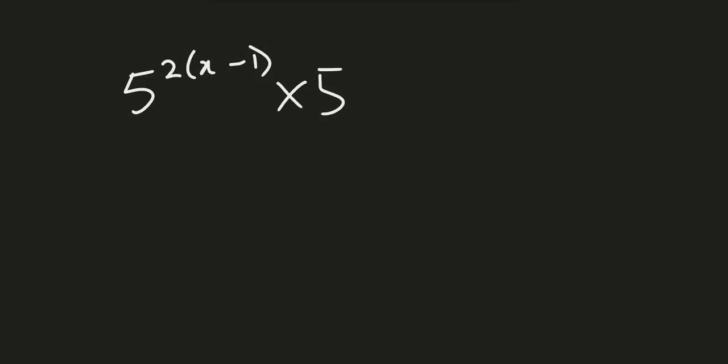From JAMB, a question like this: 5 raised to the power 2, then we have parentheses x minus 1, times 5, then we have raised to the power x plus 1 equals 0.04. Before I continue, I would like to throw light on this 0.04.